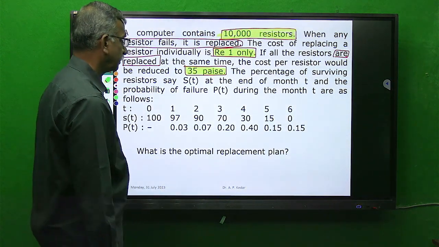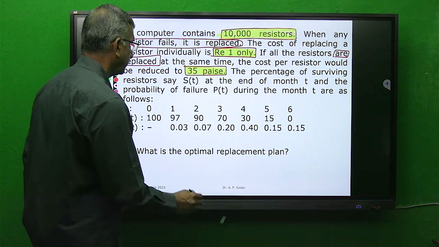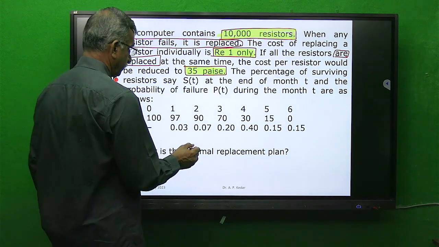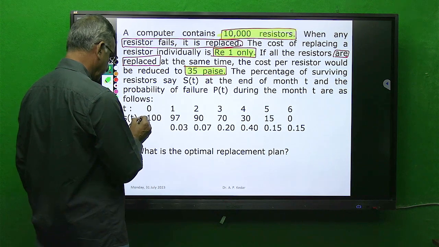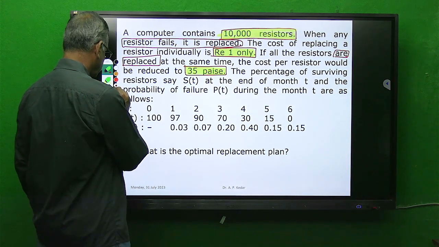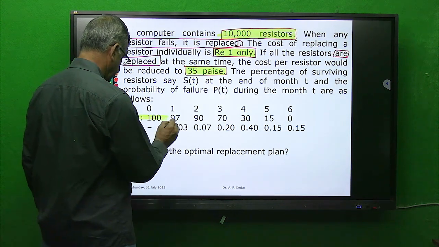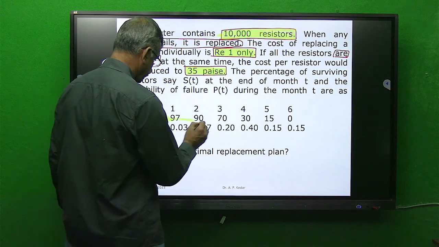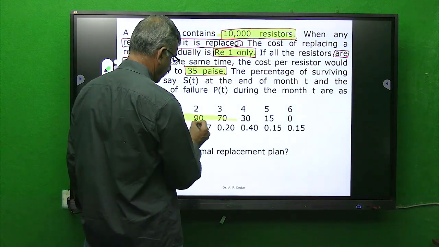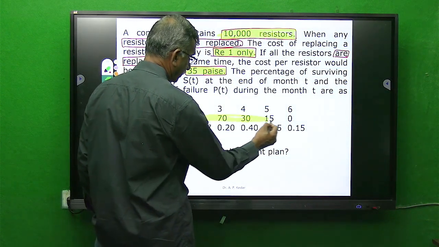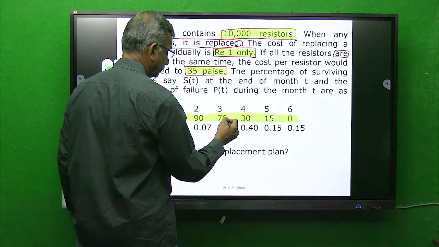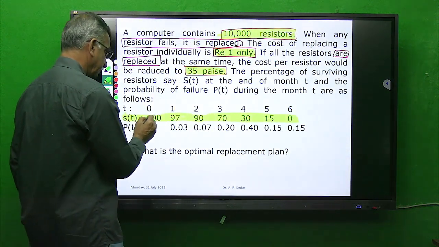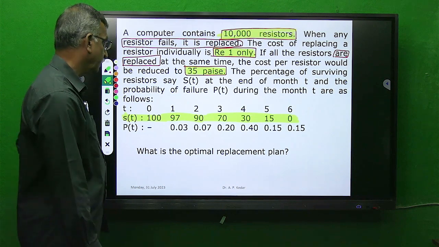Now see here, data is given in the form of survival. Focus your attention on this second row. We have discussed three varieties in our earlier case.